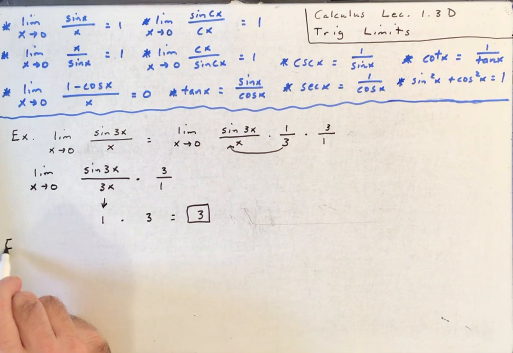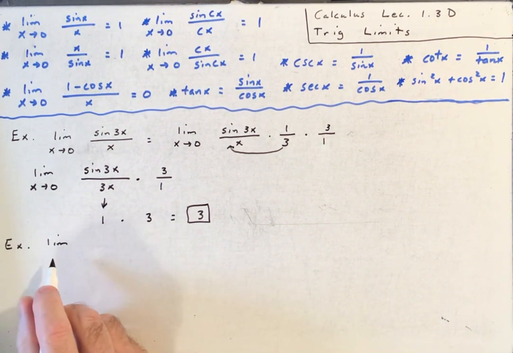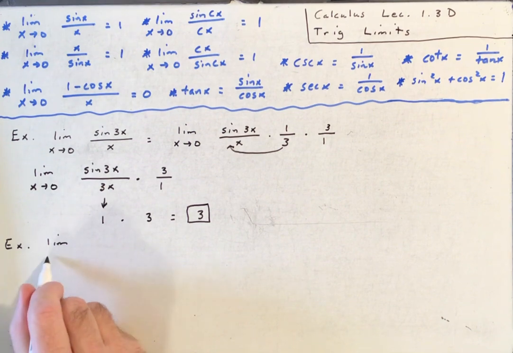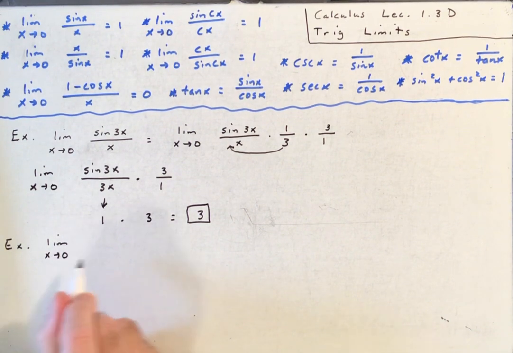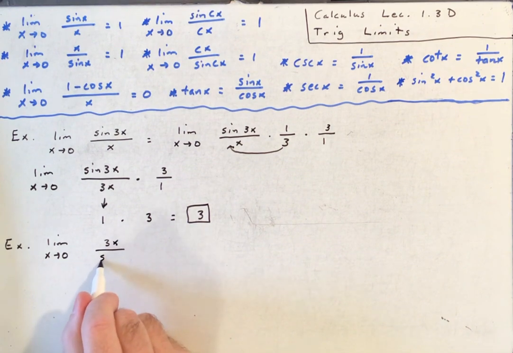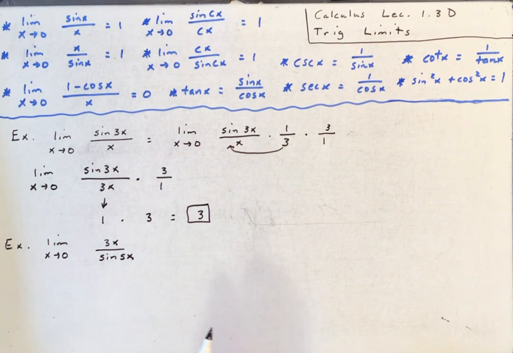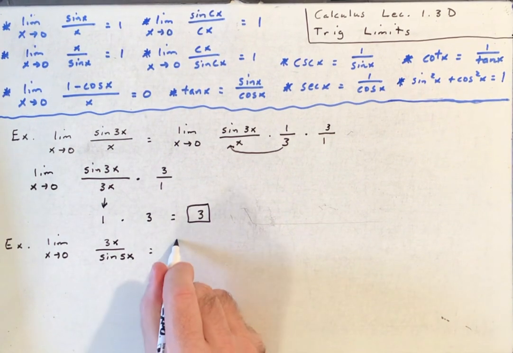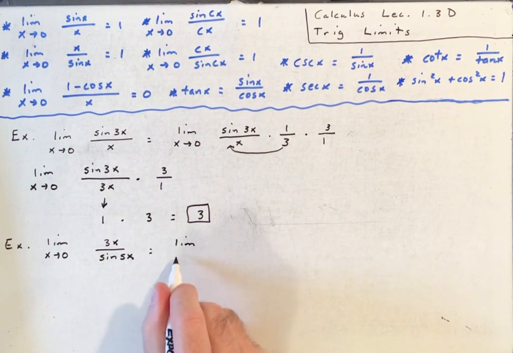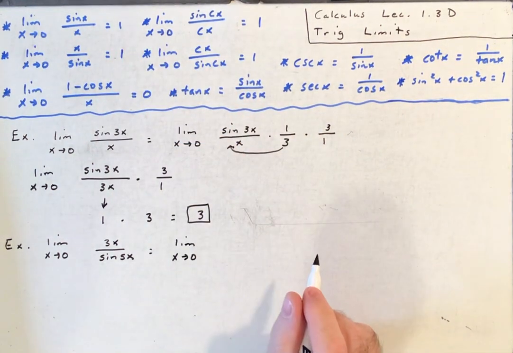All right, let's try another one where we have to do a little more manipulation. Let's say the limit as x approaches 0 of 3x over sine 5x. Okay, I'm going to rewrite this. I'm going to break this thing up so that I can use these formulas up here.